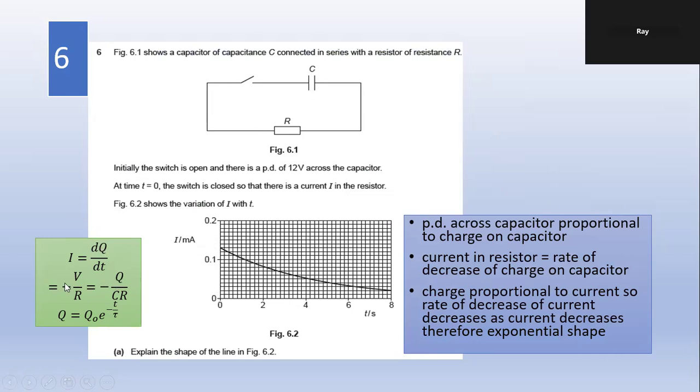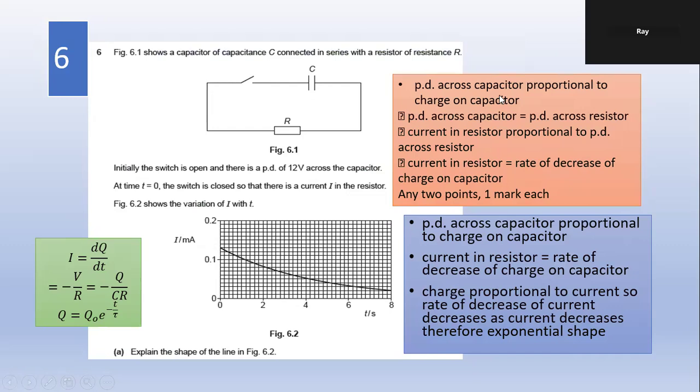That's how we derive it, but you don't need to know that, except you have to express it in words. Charge is proportional to current, so the rate of decrease of current decreases as the current decreases, therefore exponential shape. So 3 marks, 3 points. Okay, alternative answer by marking scheme.